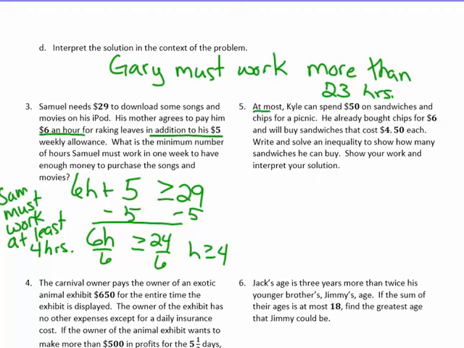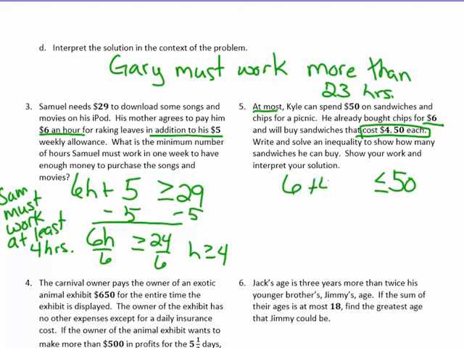At most, Kyle can spend $50 on sandwiches and chips for a picnic. So that means he has a total of $50. At most means it has to be less than or equal to that 50. He already bought chips for $6, and will buy sandwiches that cost $4.50 each.